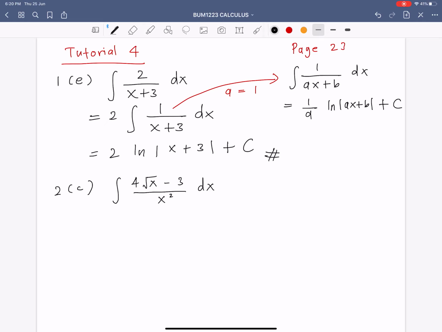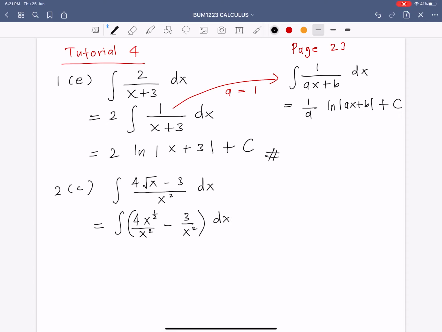First of all, we need to rewrite this as integration 4 x power of square root x, which is x power of 1 over 2, over x squared, minus 3 over x squared. We split the function into 2 parts.